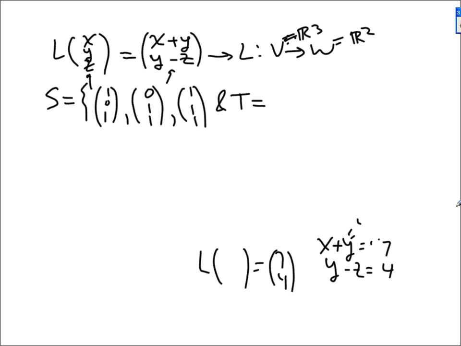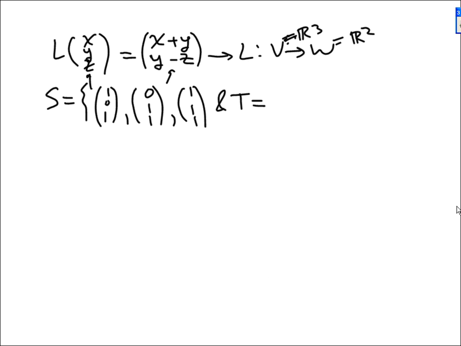If I let y be 4 and x be 3, 3 plus 4 is 7, and y is 4, and you must take away 0 to get 4. So x is 3, y is 4, and z is 0. That would work. So maybe it is onto, but it doesn't need to be. Linear transformations don't have to be onto.